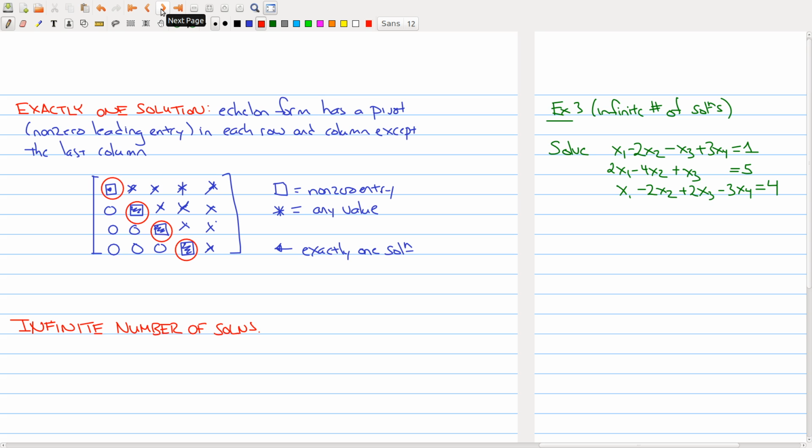Okay. So what about an infinite number of solutions? What's happening there? Okay, again, the shape of the matrix, the echelon form, is going to tell us what the answer is going to be, right?